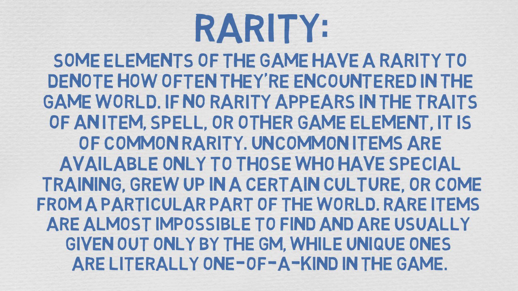Uncommon items are available only to those who have special training, grew up in a certain culture, or come from a particular part of the world. Rare items are almost impossible to find and are usually given out only by the GM, while unique ones are literally one of a kind in the game.